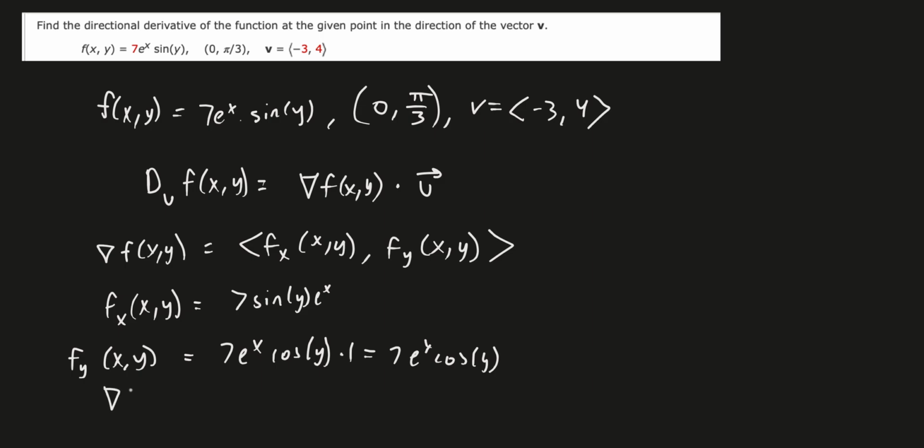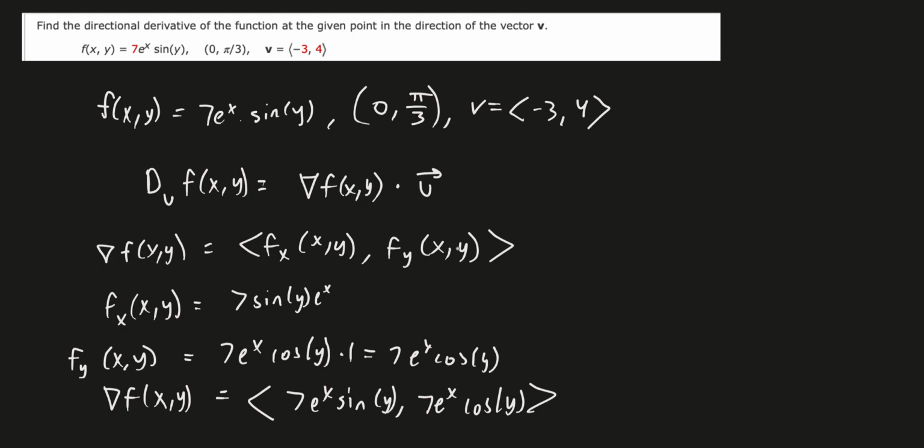So the gradient is (7 sine y e to the x, 7 e to the x cosine y). I think I'll write the e to the x first just to be orderly.